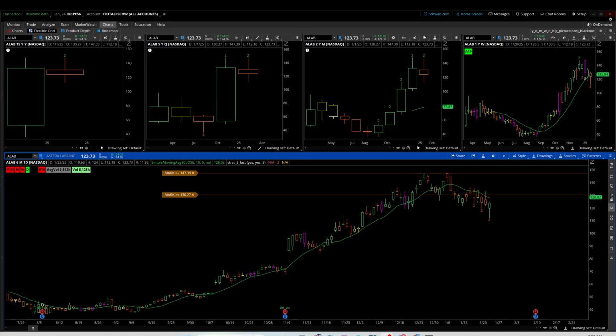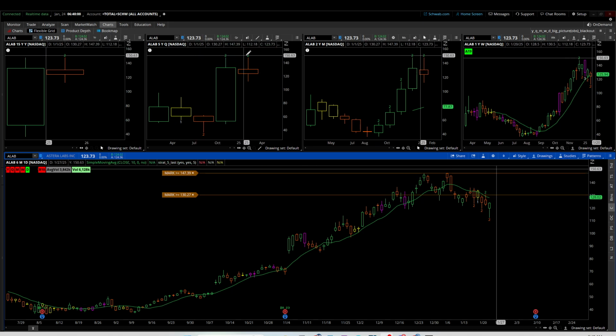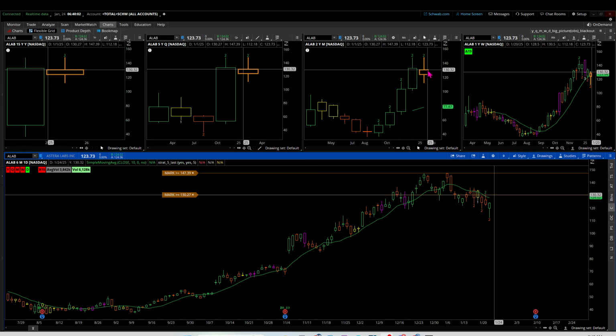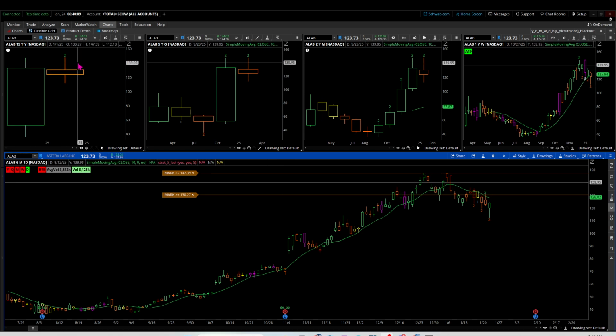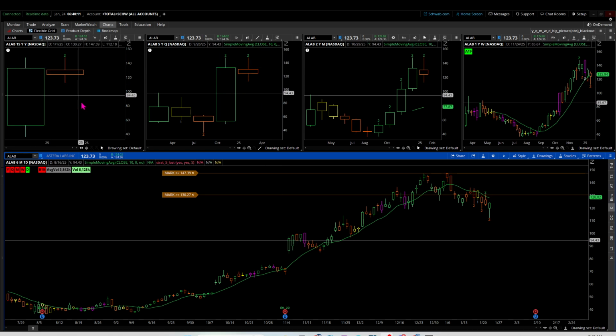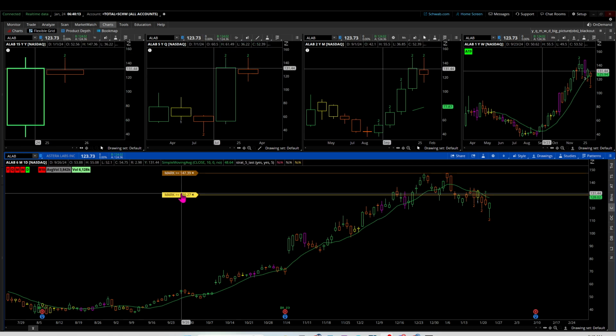As you can see, this stock is red on the year, red on the quarter, red on the month. Now, in order for these three time frames to flip back to green, we have to get above 130.27.